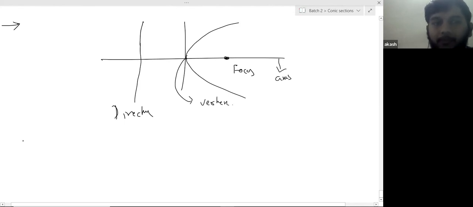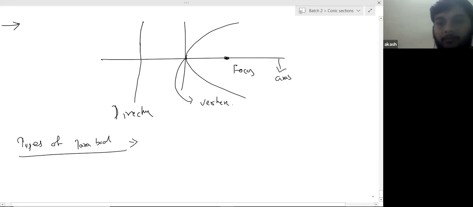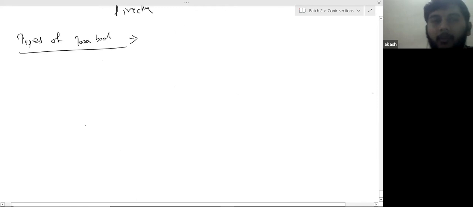Types of parabola. There are four types. The first one is y square equals 4ax. This is the simplest, easy one. You must have seen this. And notice one thing, a is always greater than 0. Always.